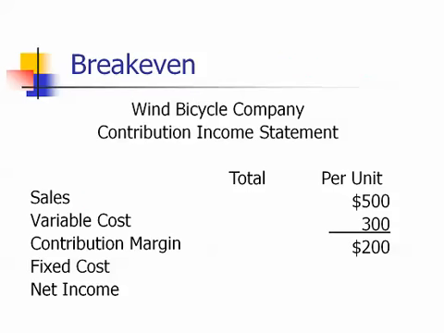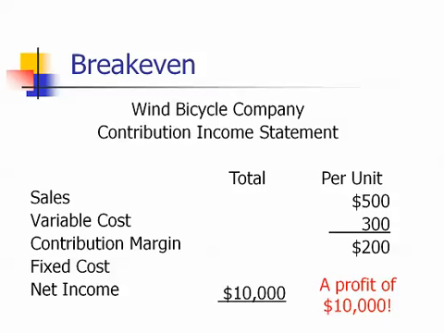Let's ask another question. How many bikes must Wynn sell in order to achieve a profit of $10,000? This time we start out by making our net income $10,000. And again, we work backwards up through the income statement. Fixed costs remain constant at $80,000. In order to achieve a $10,000 profit then, the contribution margin must be $90,000.